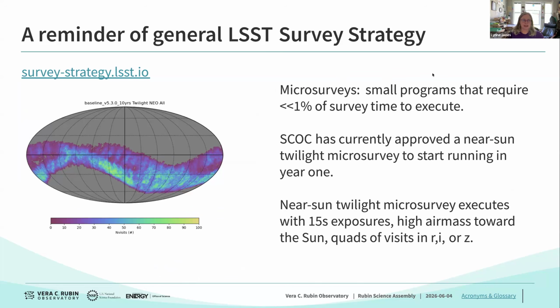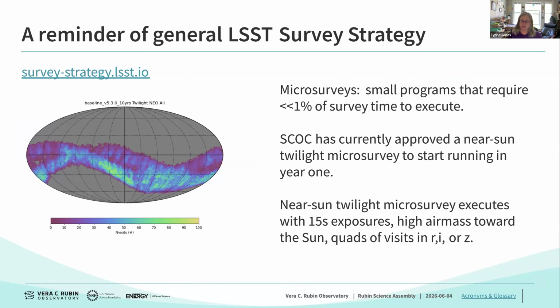And then the last category of observations are the microsurveys. So these are small programs that require less than 1% of the survey time to execute. The SUC has currently approved a near sun twilight microsurvey to start running in year one, and that's the only microsurvey we're currently including in the simulations.